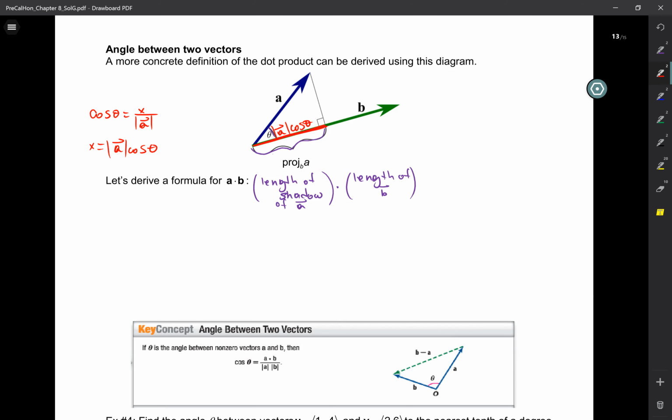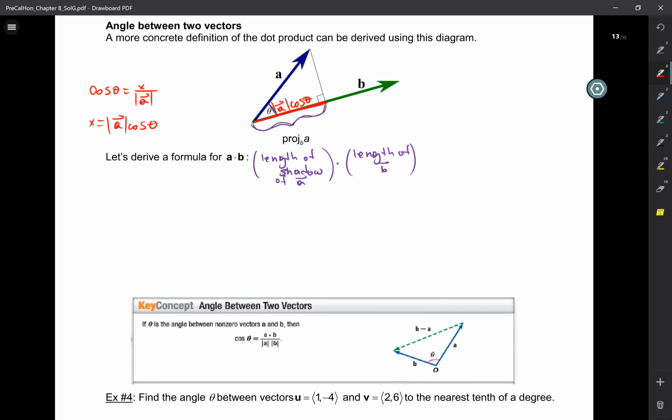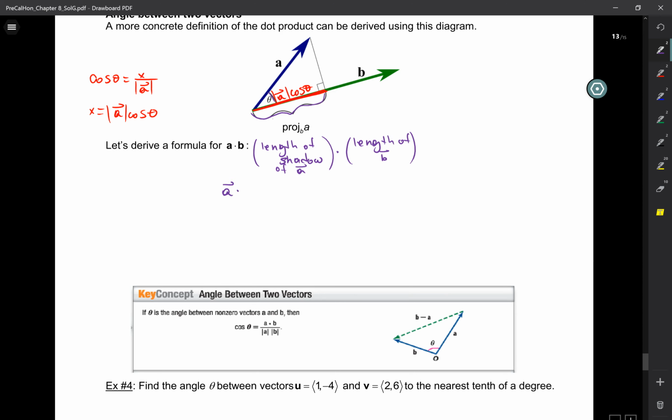Okay. So, what did we say A dot B was? We said A dot B is the length of the shadow, which is the red part.